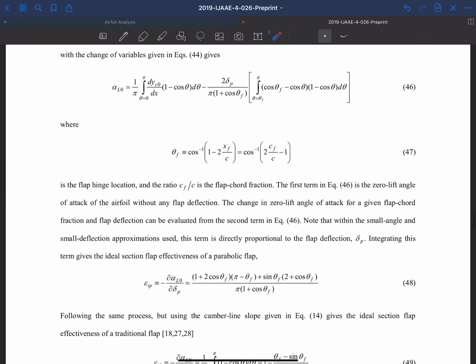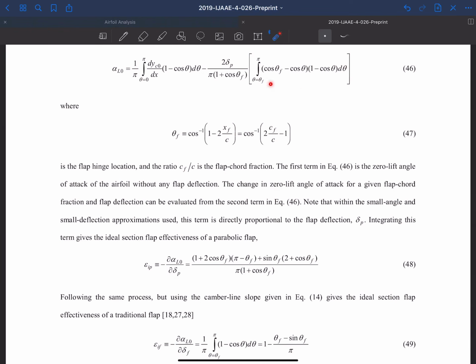In fact, it's directly proportional to the flap deflection. So we can integrate this equation analytically, and then take the derivative of alpha L0 with respect to our flap deflection, delta P. This is a parabolic deflection. That derivative, or rather the negative of that derivative, is what is called the section flap effectiveness.